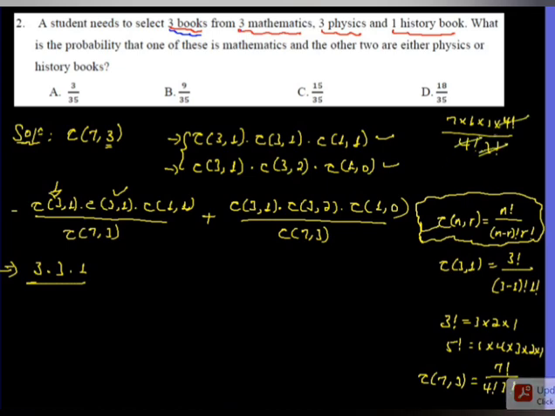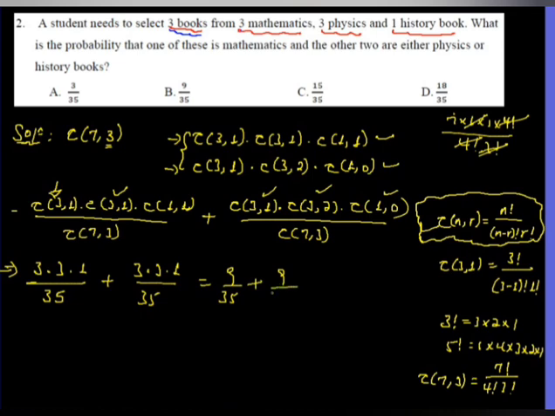So 7 times 5 is 35. So combination of 7,3 is 35. Plus here, 3 times combination of 3,2, which is also 3, times combination of 1,0, which is 1, over 35. This result is 9 over 35 plus 9 over 35, which is 18 over 35.